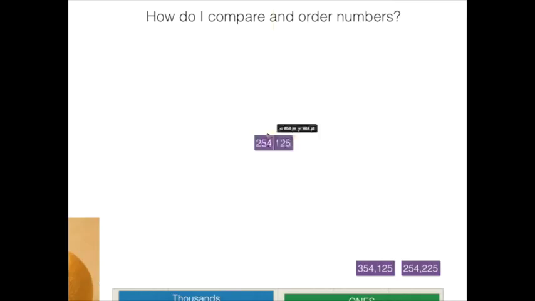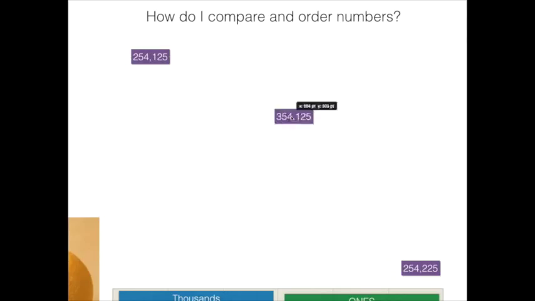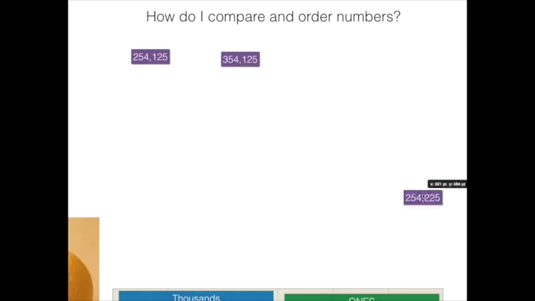Here are some numbers. Let's bring them up here so you can see them. Over here we have 254,125. Over here we have 354,125. And over here we have 254,225.